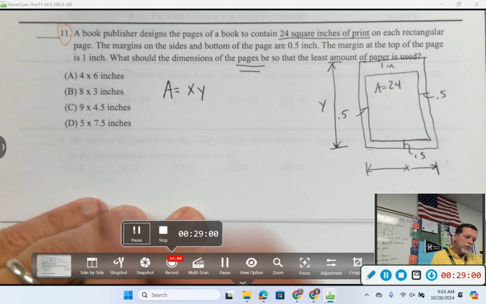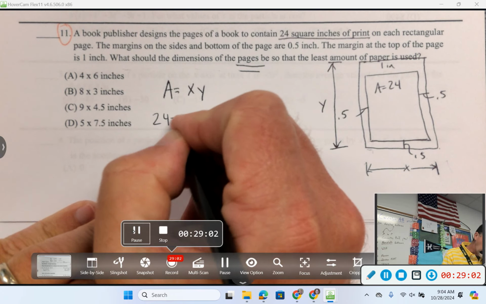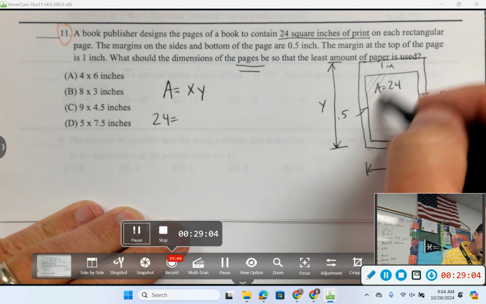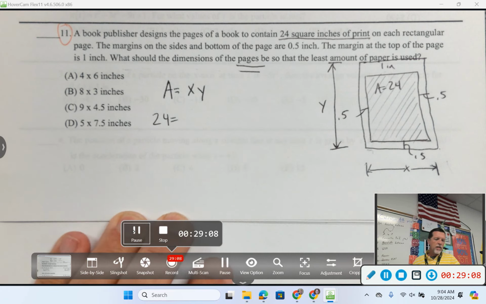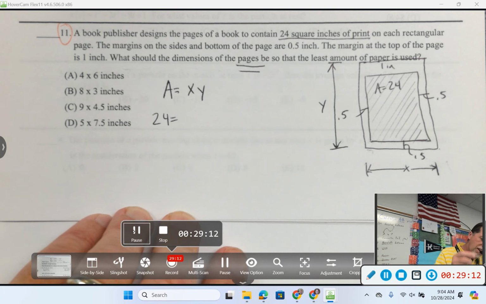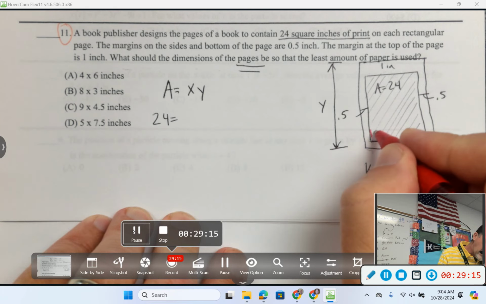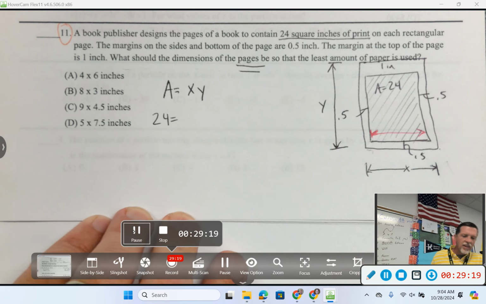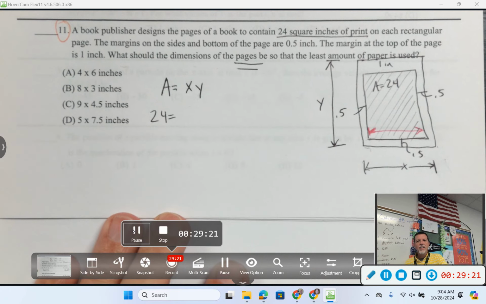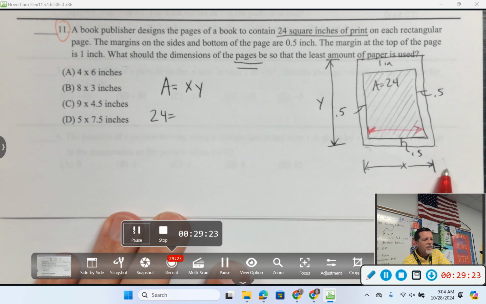Okay, but something equals 24. Like this inside area is 24. So what do I multiply to get 24? What's this width? It's X all the way across.